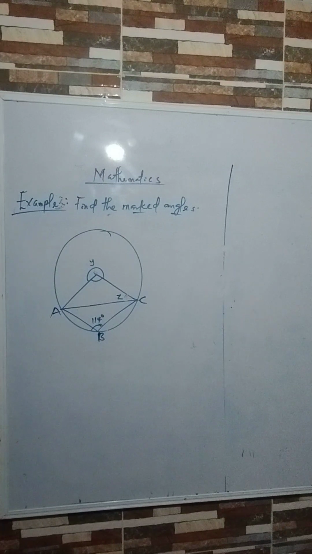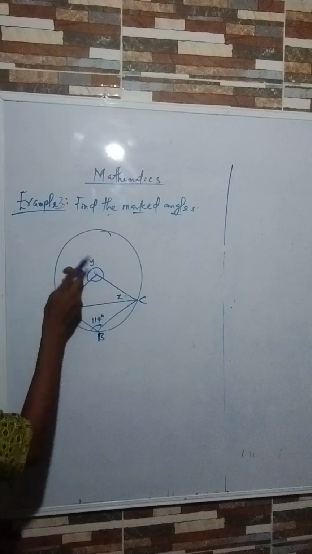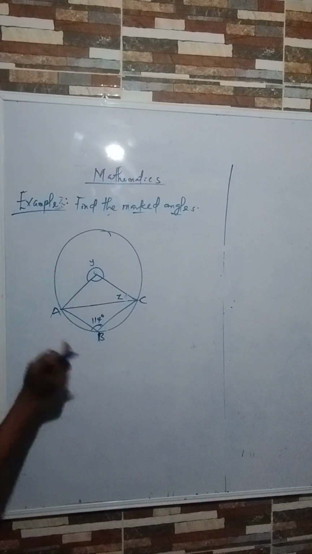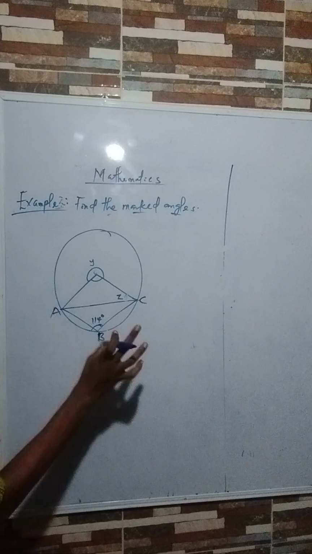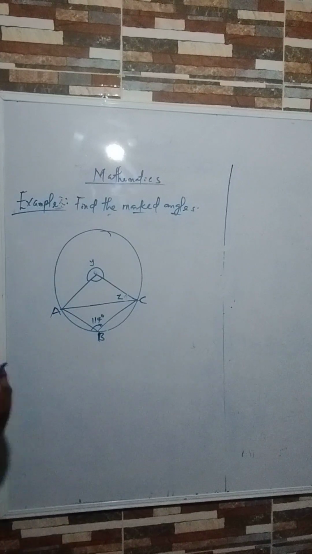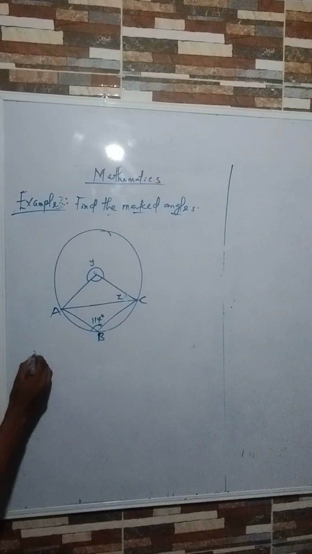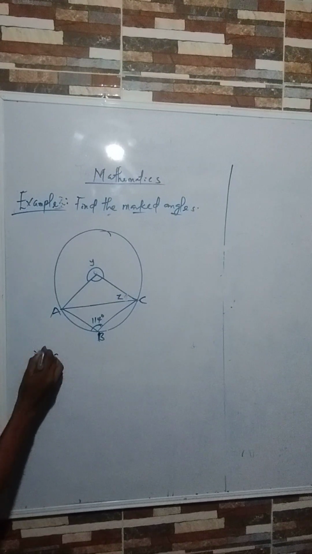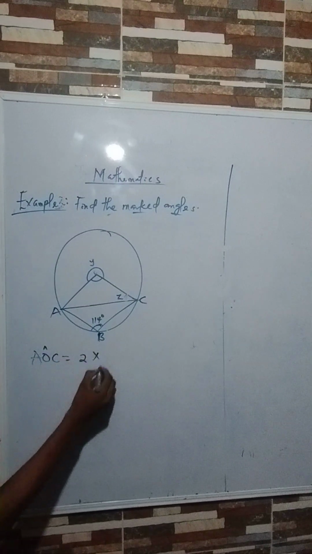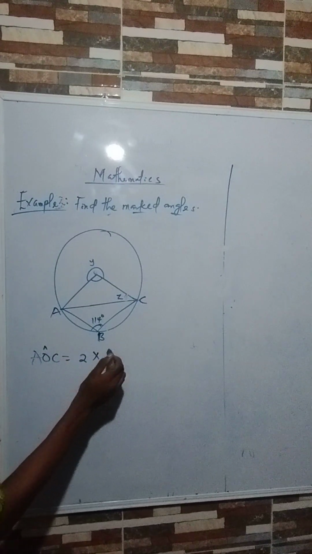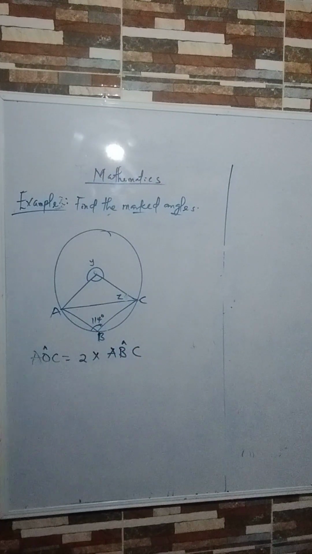Now, we know that the angle at the center is twice the angle subtended at the circumference of the circle. So that has made our work easy. So you can say that your AOC is equal to 2 times ABC.